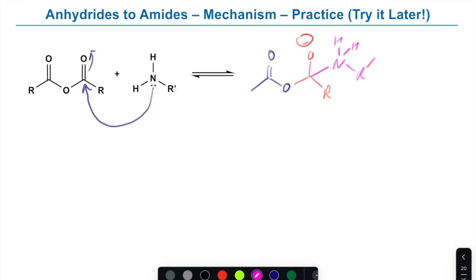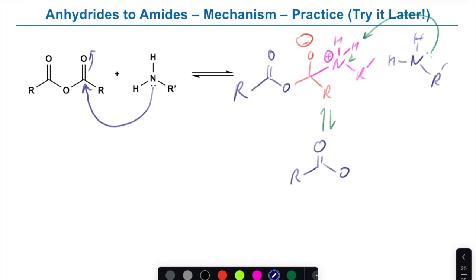And the blue one is going to end up becoming our leaving group eventually, and we still have a positive charge over here. Now, under these reaction conditions, we're not given any extra exogenous base, so in that case, the amine itself will act as our basic species, so we'll probably do a proton transfer to give us the next intermediate.